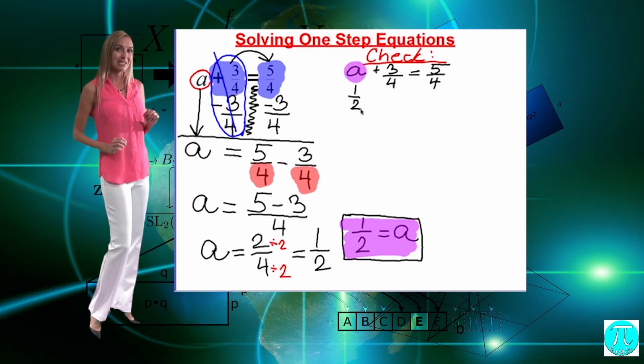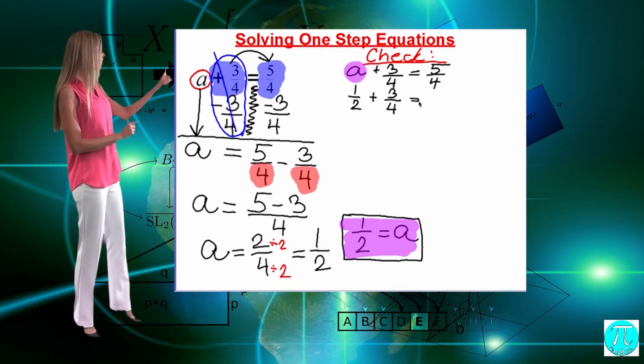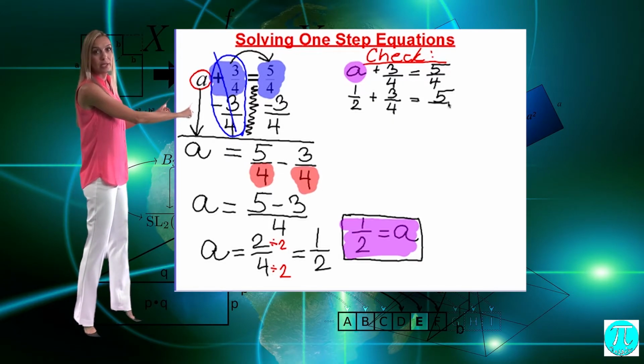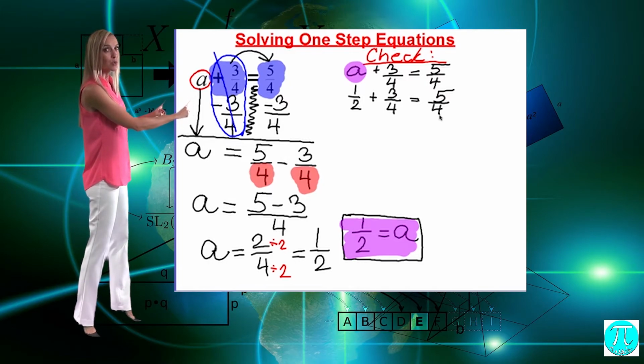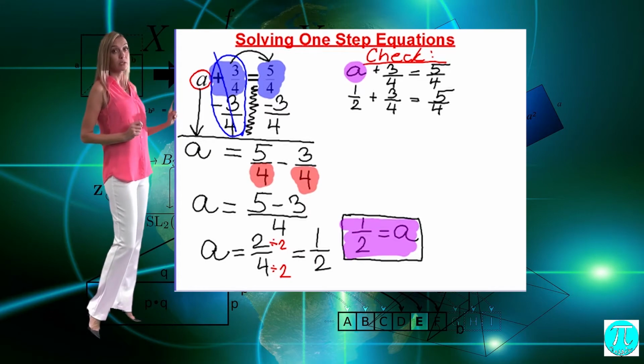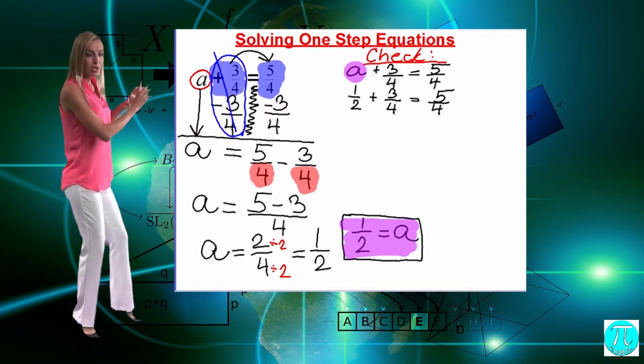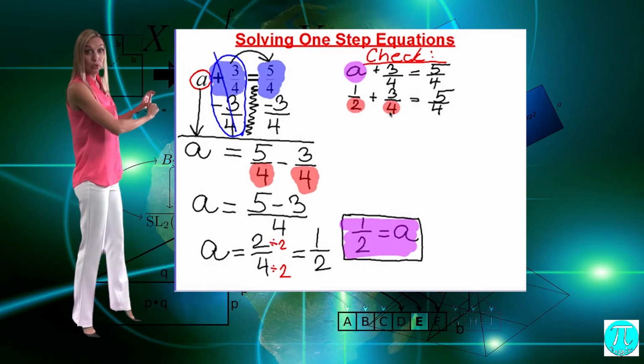Well, let's see. I have a little problem with this because if you look, the denominators are not alike, right? When we're adding or subtracting fractions, the denominators have to be the same, and they are not. One is 2 and one is 4. So let's change the smaller one and make it look like the other one. Make the 2 be 4.